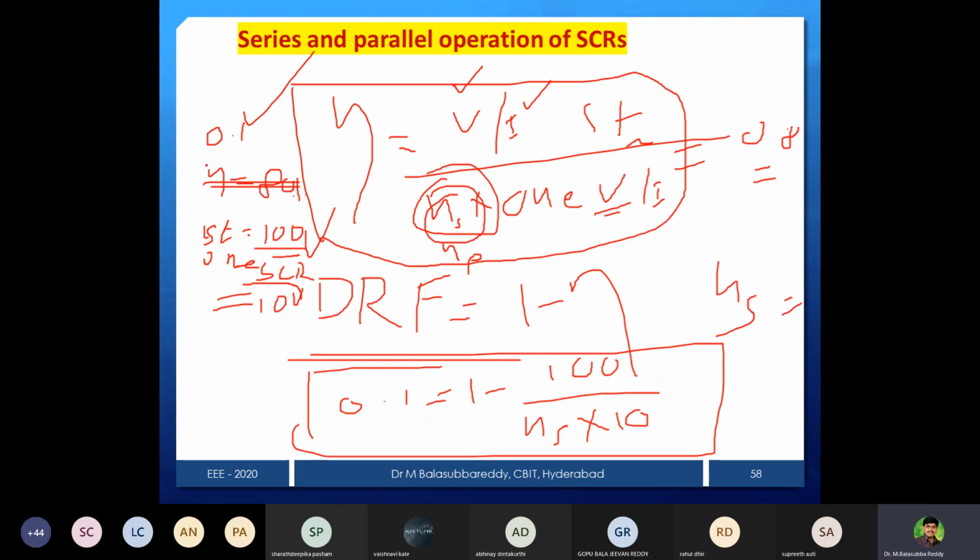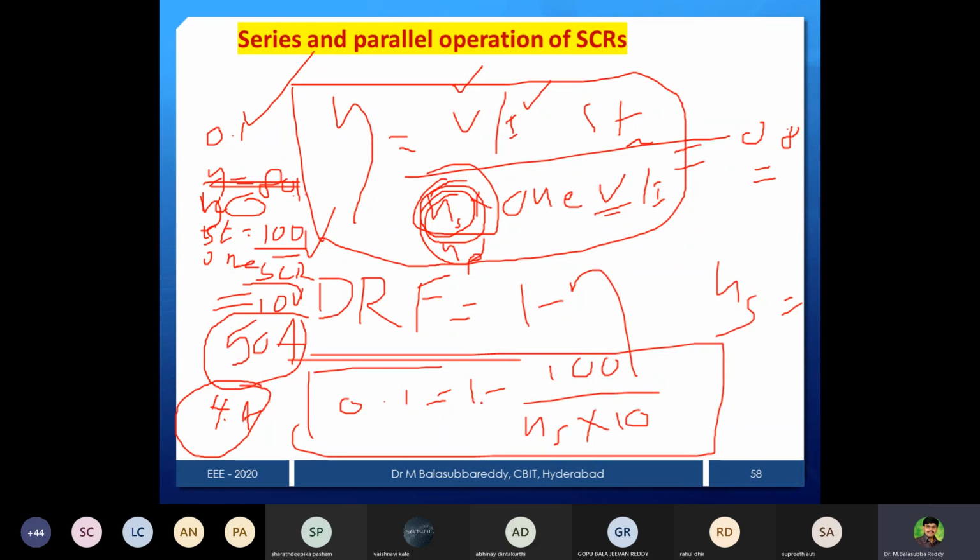Similarly, the current rating is given. Suppose the total string current is 50 amperes, whatever value. So 50 amperes is your total current, our requirement, the demand. But what is the 1 SCR current rating? Let it be 1 ampere or 2 amperes or 4 amperes; that we also know. So the 1 SCR current rating is known to you, the total string current is known to you, and how many SCRs are in parallel?